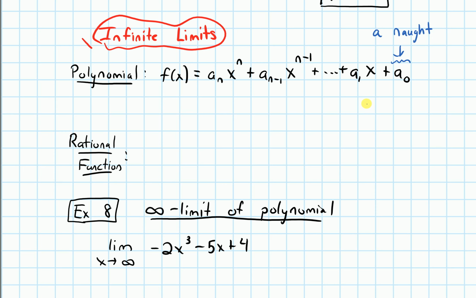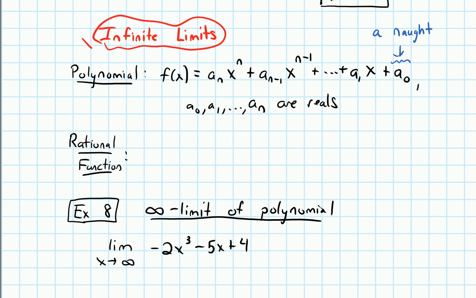Where a naught, a1, up to a_n are reals. They're just the coefficients. We have some coefficient in front of x to the n, some coefficient in front of x to the n minus 1, all the way down until a naught would be the constant term.